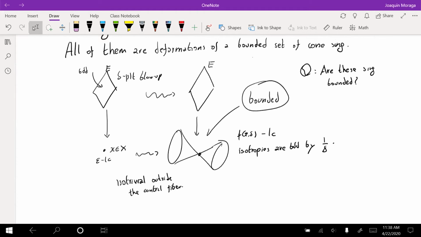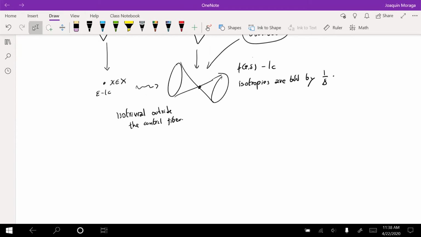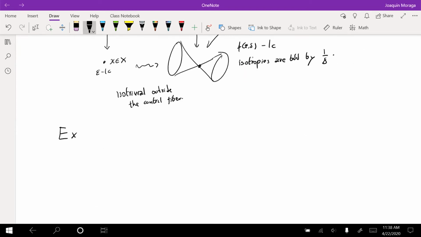So then you can ask the question: are these singularities themselves bounded? And the answer is no, and there is a counterexample here. So for example, you can consider the family X_n equal to x squared plus y squared plus z squared plus z squared w plus t w to the n equals 0.